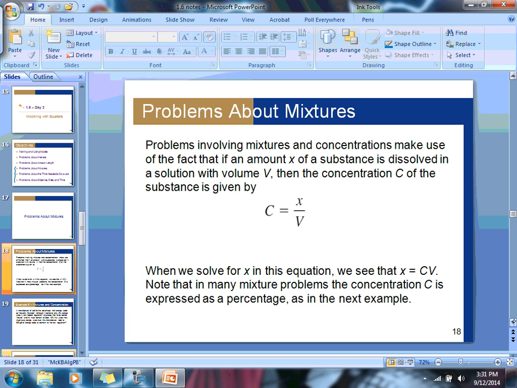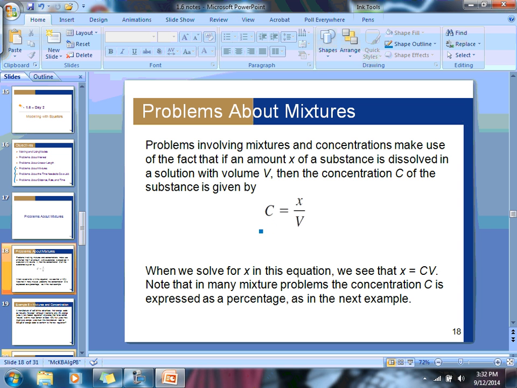Now, when we're dealing with problems about mixtures, they have this basic formula that they're following, and it basically says that if you have X amount of a substance and it's dissolved in a certain amount of solution with V volume, then C is going to be your concentration of the substance.